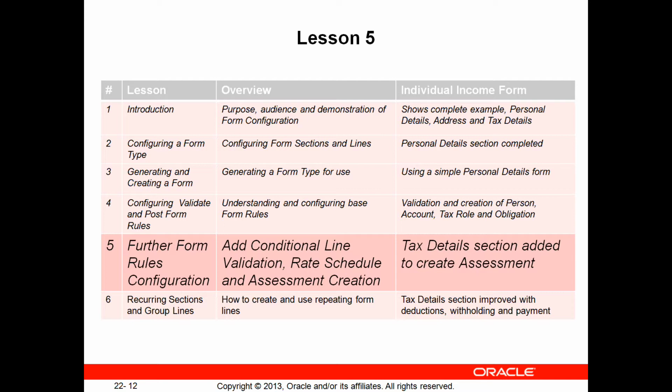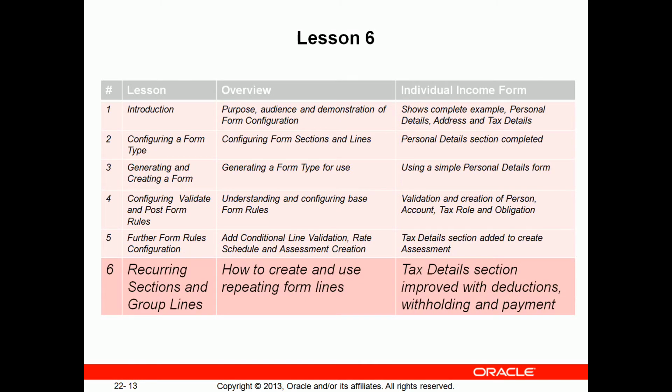They're normally used for the tax details section to make sure that our calculations are correct, and we will show you how that works. We'll also be looking at other form rules like a rate schedule, assessing how much tax based upon a rate schedule, and also creating the actual assessment. So by the end of that lesson, you will have not only a personal details section, but also a tax details section with the ability to actually create an assessment.